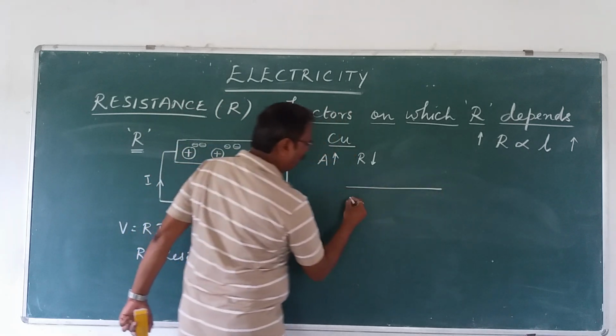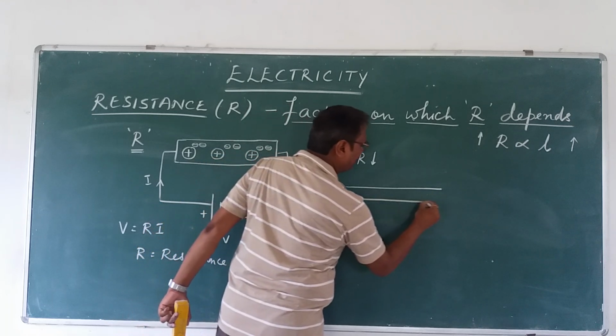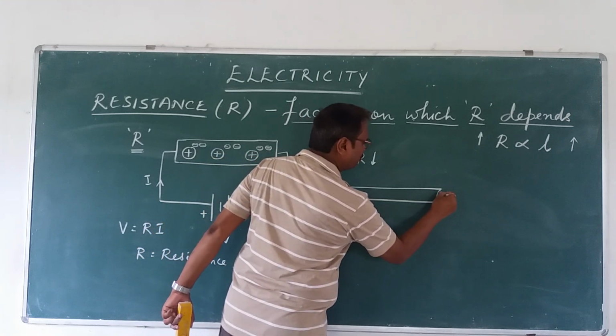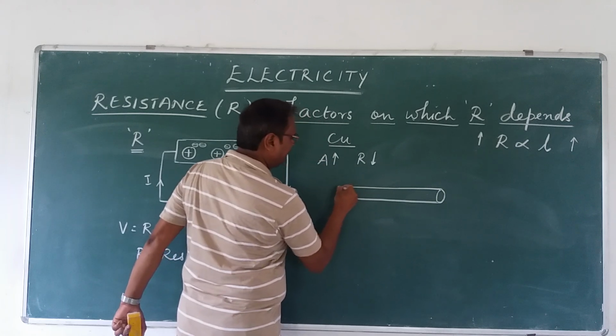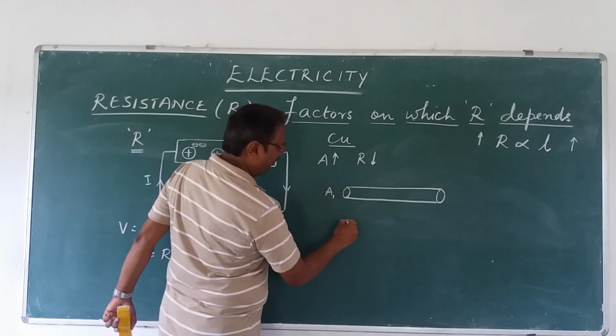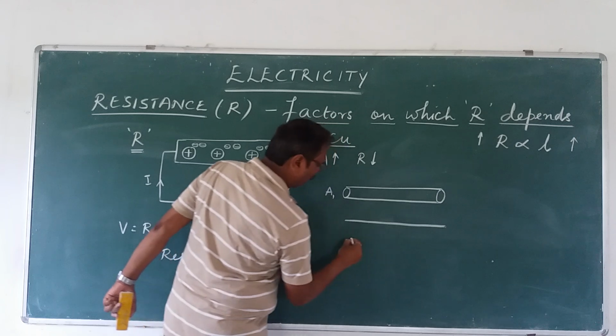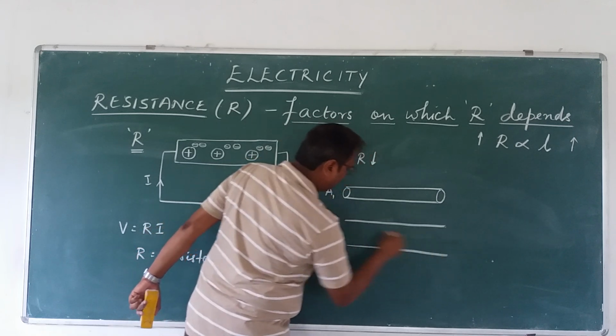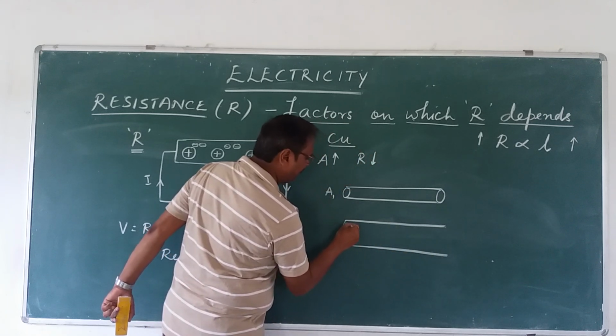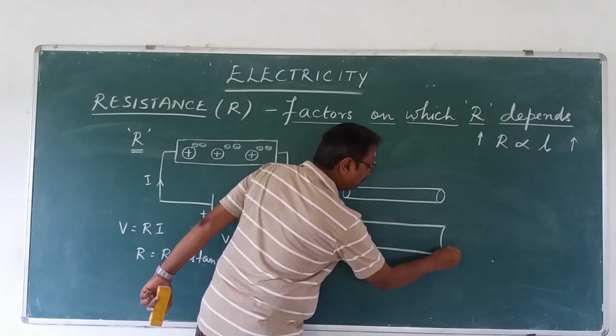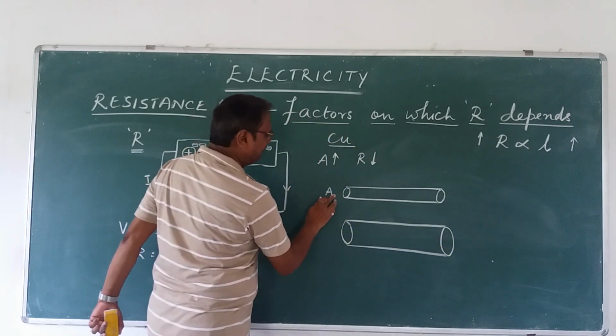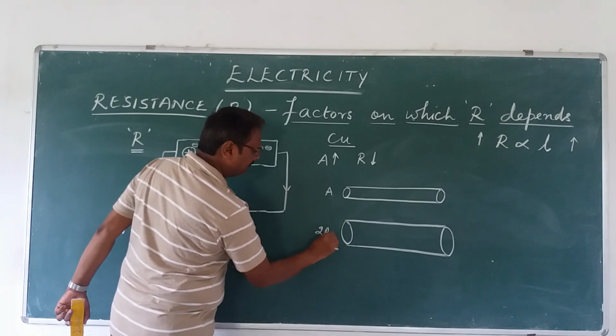Take a 1 meter thin wire, and its area of cross section is, let us say, A1. And you take another of the same material, copper, but with double the area of cross section. Yes, we can say this is A and this is 2A.